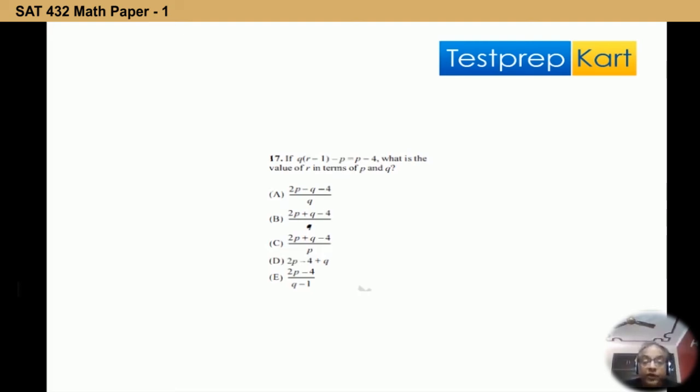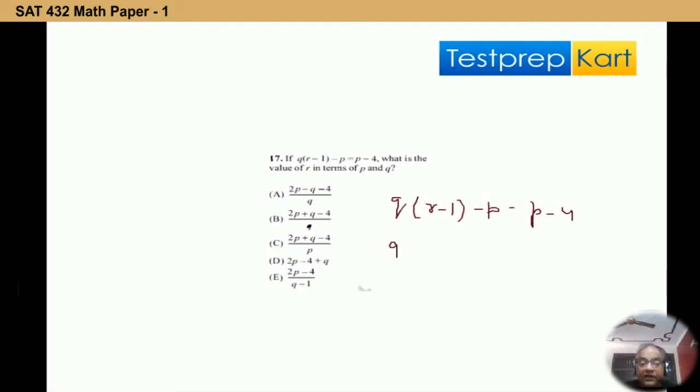Now you have to find r in terms of q and p, given that q into r minus 1, minus p is equal to p minus 4. So everything should be on the right hand side other than r.